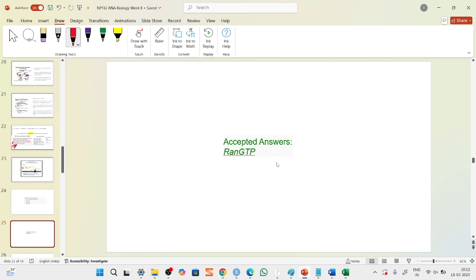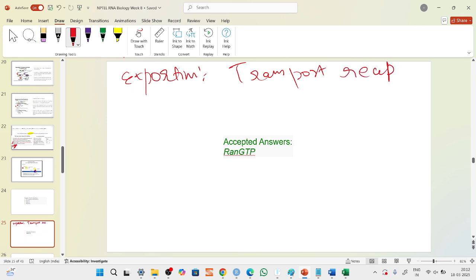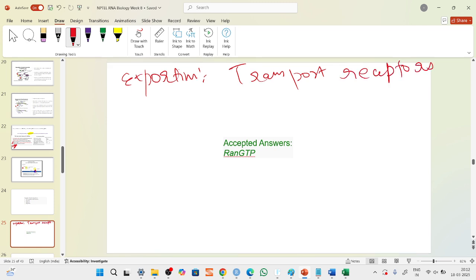First of all, you should know what exportins are. Exportins are transport receptors that mediate the nuclear export of specific cargo, which includes your RNA and proteins.